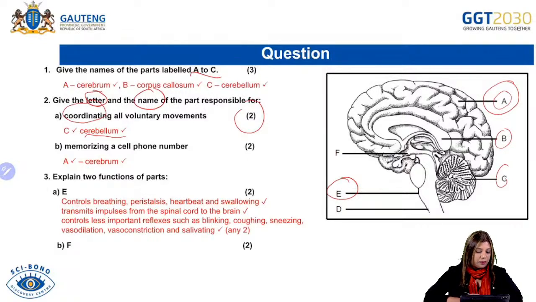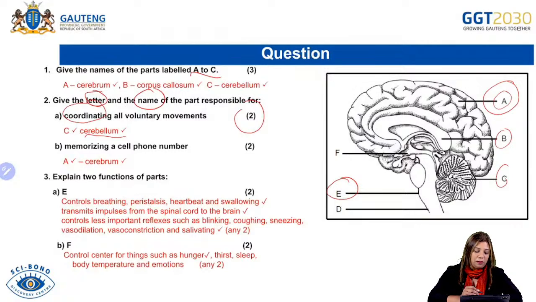There are several functions of the medulla oblongata. The minute we finish with one, we see it controls less important reflexes such as blinking, coughing, and sneezing. Vasodilation, which causes your vessels to go larger or smaller. Dilation will cause it to go bigger, and constriction will cause it to go smaller, and even salivating for your digestive enzymes.